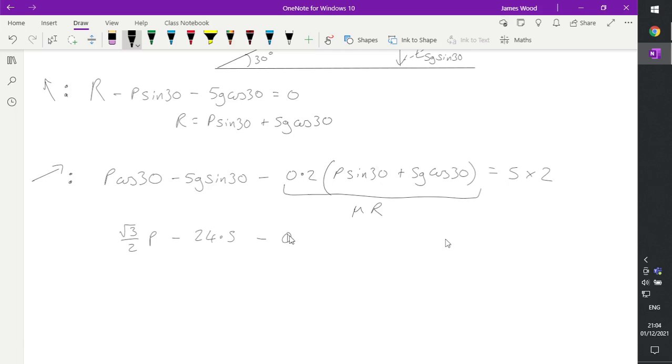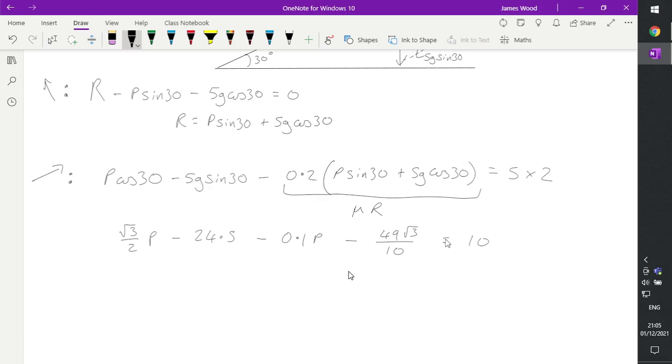So it's going to be minus 0.1 P. We've also got minus 0.2 times 5 times 9.8 times cos 30. So that gives me, I'm just going to keep it as an exact answer, 49 root 3 over 10. That's what my calculator gave me, and then that equals 10.